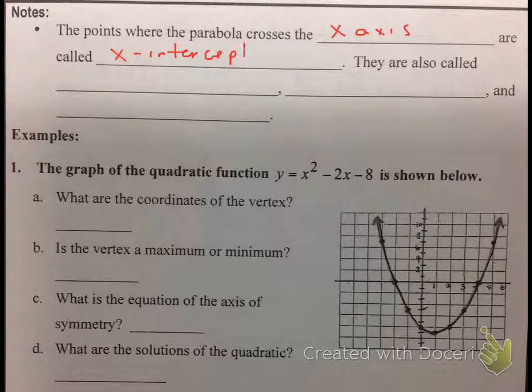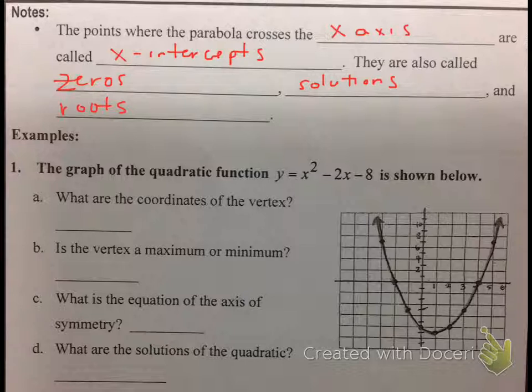That's just like when a linear equation crosses the x-axis, it's also called an x-intercept. But they are also called, in this case, and we've talked about this before, you should be able to answer this on your own, they are also called zeros, solutions, and roots. Remember, x-intercept, zero, solution, roots all mean the same thing.